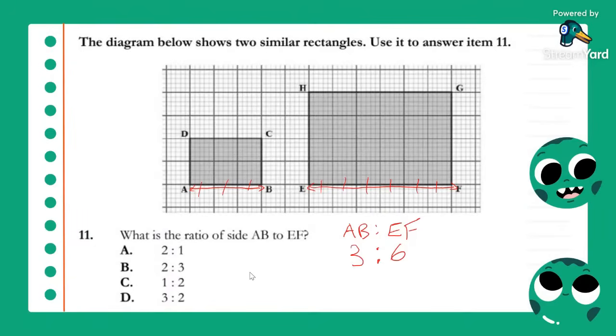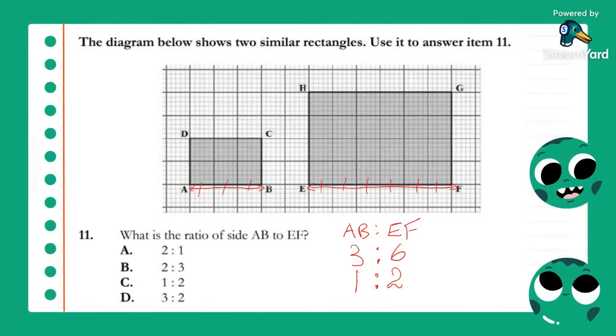So in order to do that, we think of a number that we can divide into each part of this ratio. So we can use 3 because 3 can go into 3 without leaving a remainder. 3 can go into 6 without leaving a remainder. So we'll divide by 3. 3 into 3 goes 1 time. 3 into 6 goes 2 times.